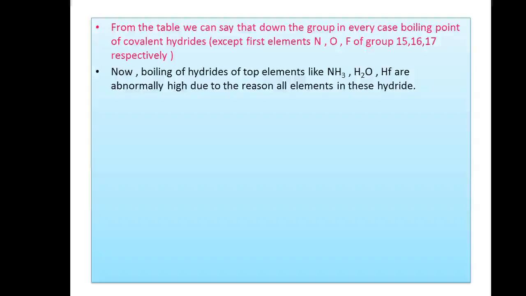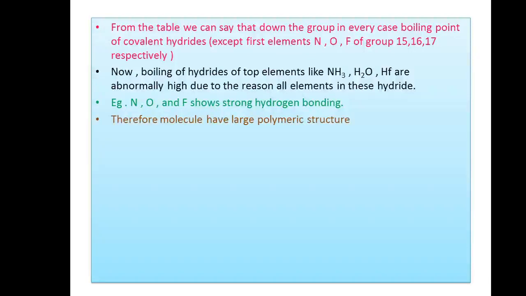The boiling points of hydrides of top elements like NH3, ammonia, water, HF are abnormally high because they form strong hydrogen bonding. Nitrogen, oxygen and fluorine show strong hydrogen bonding. Therefore, molecules have large polymeric structures, and therefore the boiling point is also high.